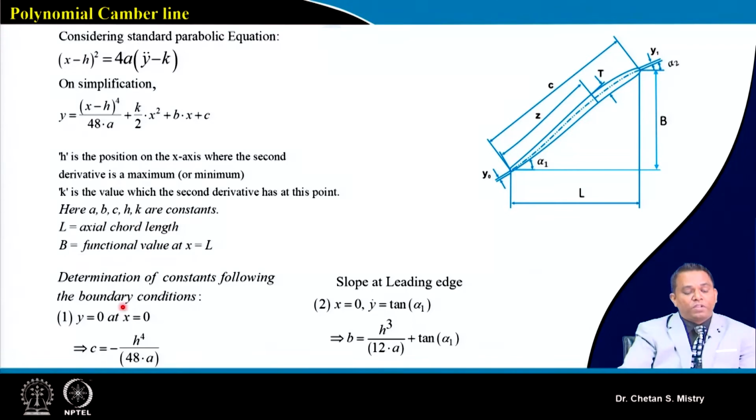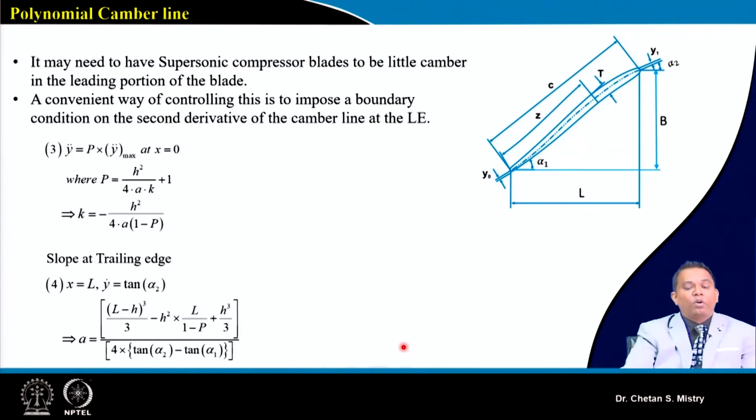Those constants we can obtain by putting in different boundary conditions. The very first boundary condition, at y equal to 0 and x equal to 0, gives us the value of the constant c. Same way, considering our boundary condition at the leading edge, at x equal to 0 the first derivative is equal to tan alpha 1, which gives me the value of constant B. Now, as we have discussed, for many airfoils we need slight camber at the leading edge.